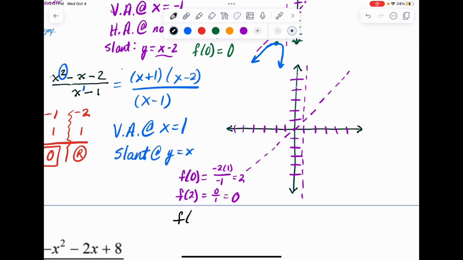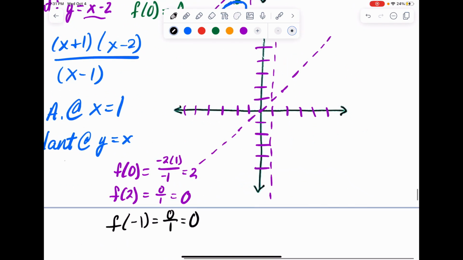We could do f of negative 1, and that would give me negative 1 plus 1 is 0, times that is 0 over 1, and I'd end up with 0. Yeah, perfect. That's pretty much it. That's all I really care about.